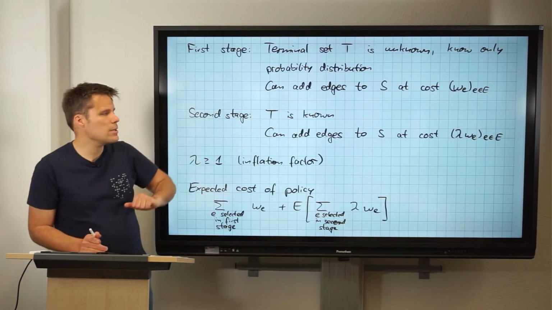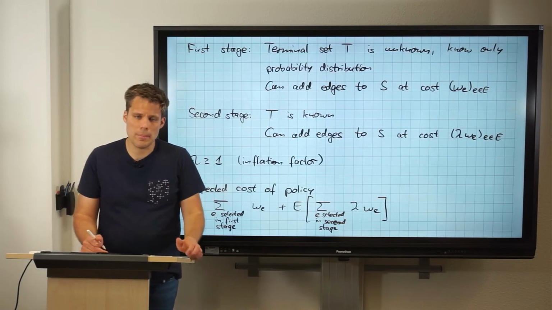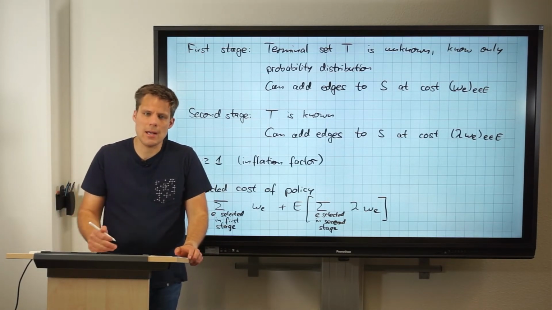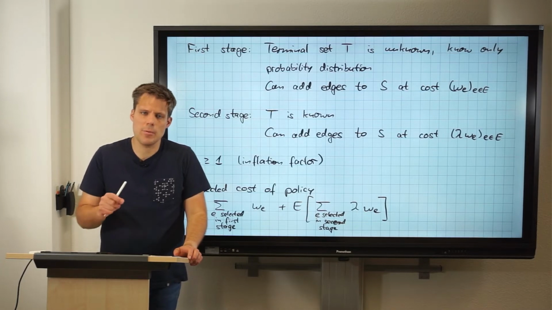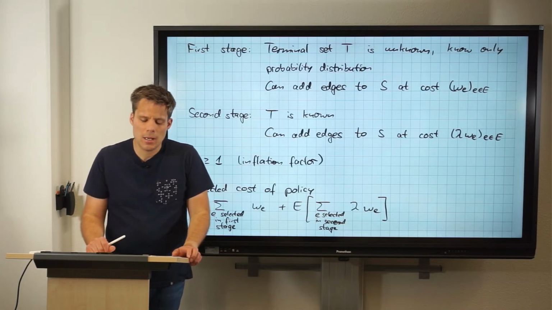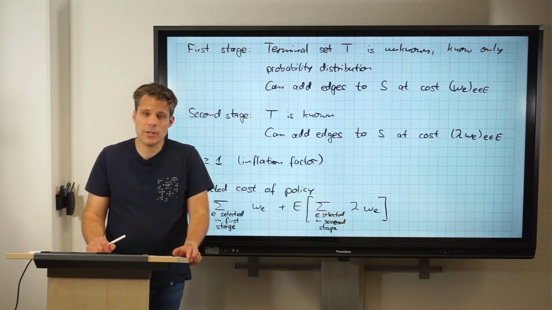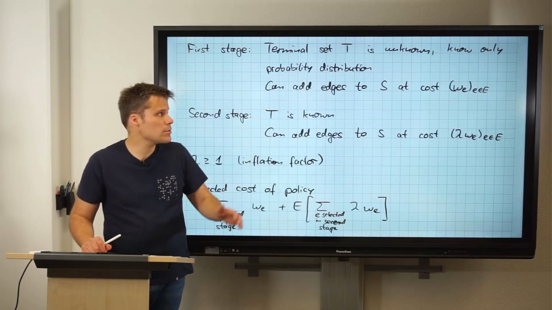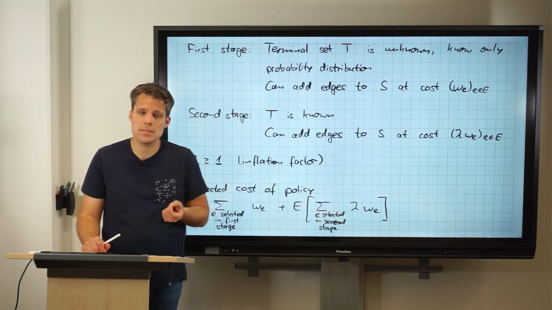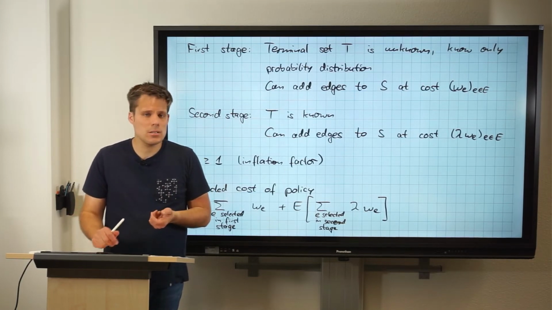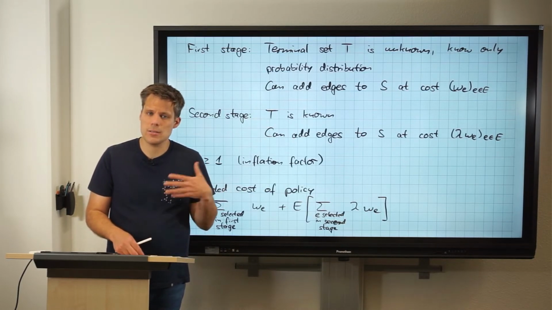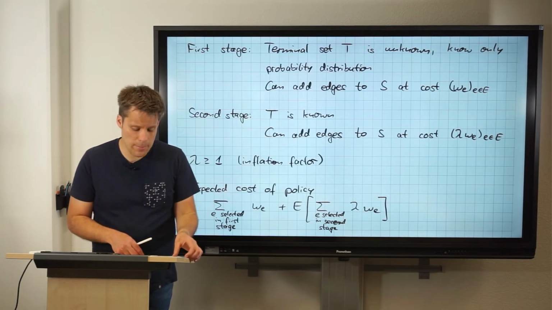So T is just drawn from one probability distribution. Of course, you can also assume that you have a certain probability for every vertex to be actually active and so to be part of this terminal set T, but you can also have much richer settings where T is just drawn from some arbitrary probability distribution.